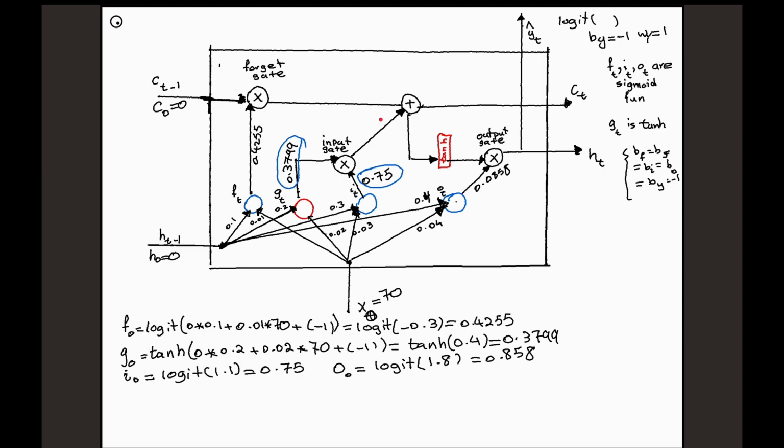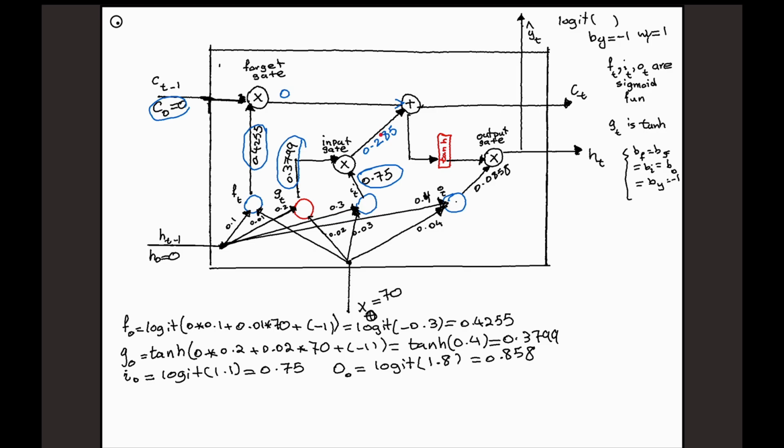And that is going to give you 0.285. In order to get the value coming out of this multiplication, we need to multiply this by that. And 0 times any number is 0. So 0 is fed to this plus node here.